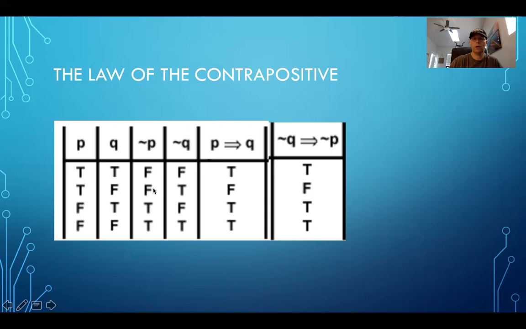So this is the row where we have a false under this heading. It's the only row where we get a true not Q and a false not P. That's the only place this is false. All the rest are true. And notice TT, FF, TT, TT, the column here matches perfectly the column here. And that is the test for logical equivalence.